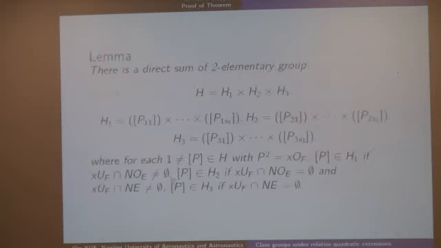How to divide into three parts? Lemma: there is a direct sum of two elementary groups, H equals to H1 times H2 times H3. H is an elementary group, so we can give these directions.